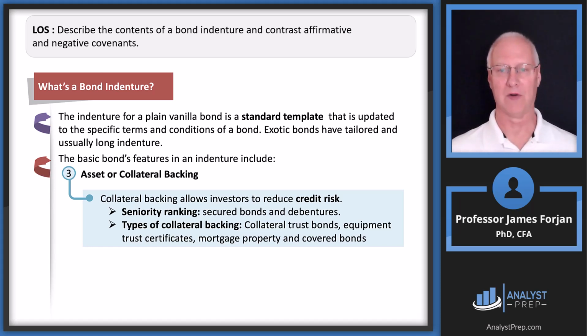Different types of collateral in terms of the legal document inside of this indenture. Collateral trust bonds, mortgage bonds, equipment trust certificates. Those equipment trust certificates were pretty much the origination of collateral. These go way back, 150 years ago to the railroad industry inside of the United States.